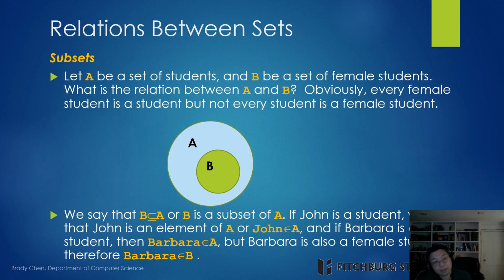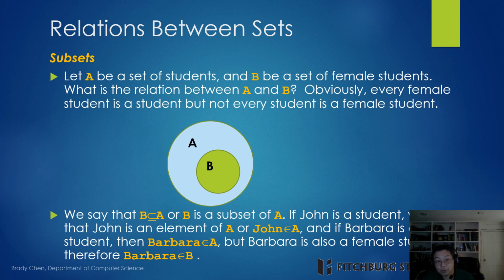So now let's discuss the relations between sets. Suppose I have two sets, A and B. Let A be a set of students. This way we define the set A by describing the contents, right?